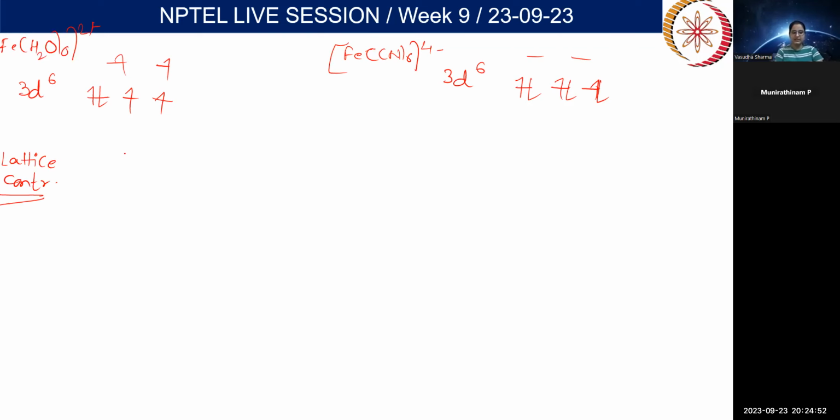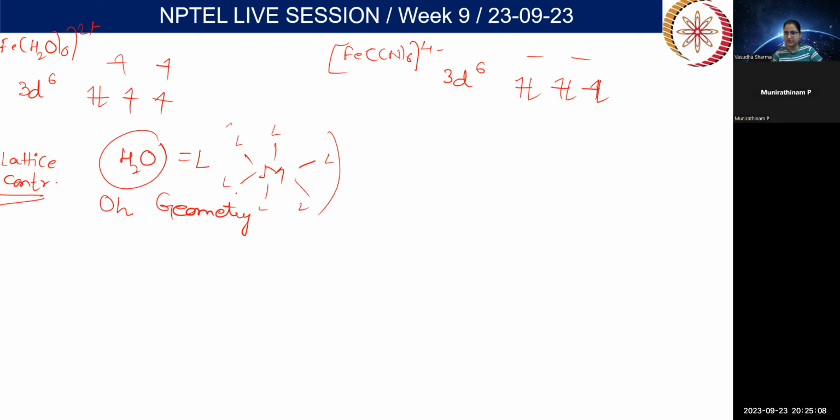If I say that all the ligands are water only, what kind of geometry is it having? That is octahedral geometry, right? All are having the metal-ligand in this particular form, so all are the same and they are having octahedral geometry. True? When octahedral geometry is there, you might have heard about some effect called Jahn-Teller distortion.